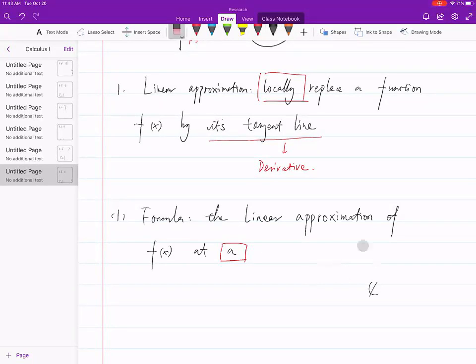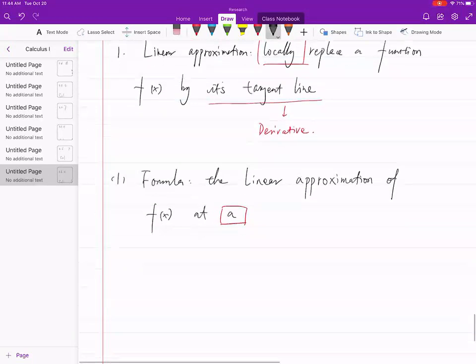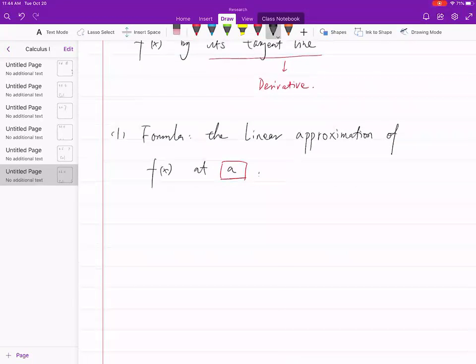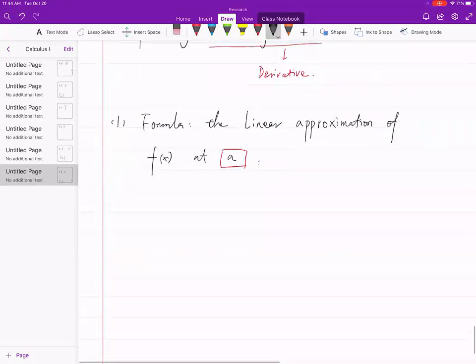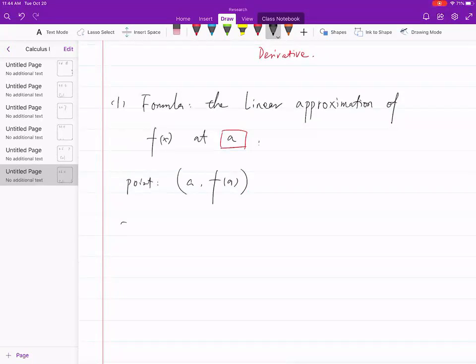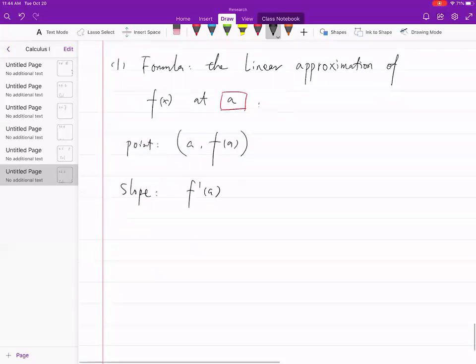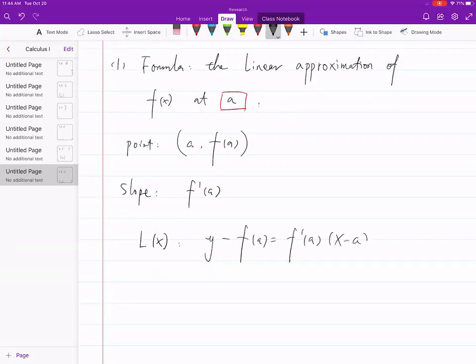Now, what's the formula for linear approximation? Well, we can easily do that. We need a point. That's going to be (a, f(a)). We need a slope. That is going to be f'(a). Still okay? Then L(x), which is the linear approximation, is nothing but y minus f(a) equals f'(a) times (x minus a).